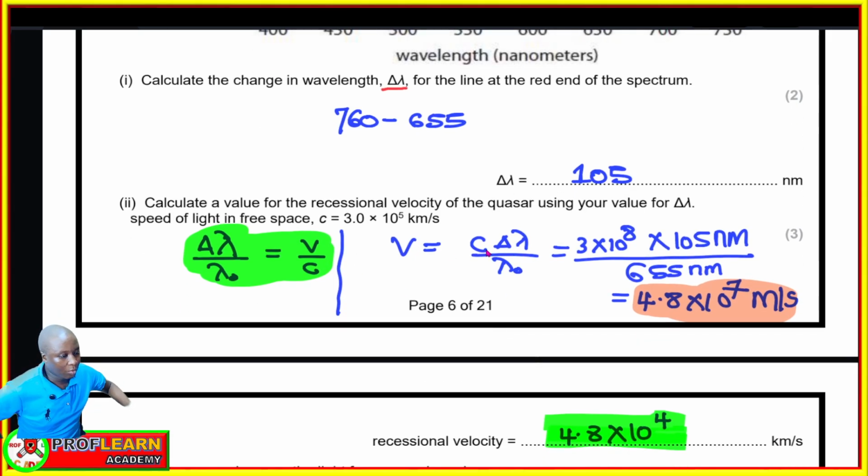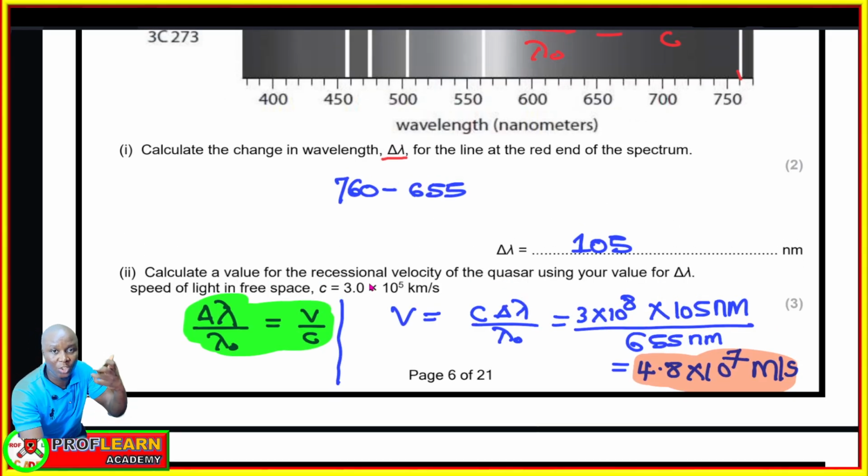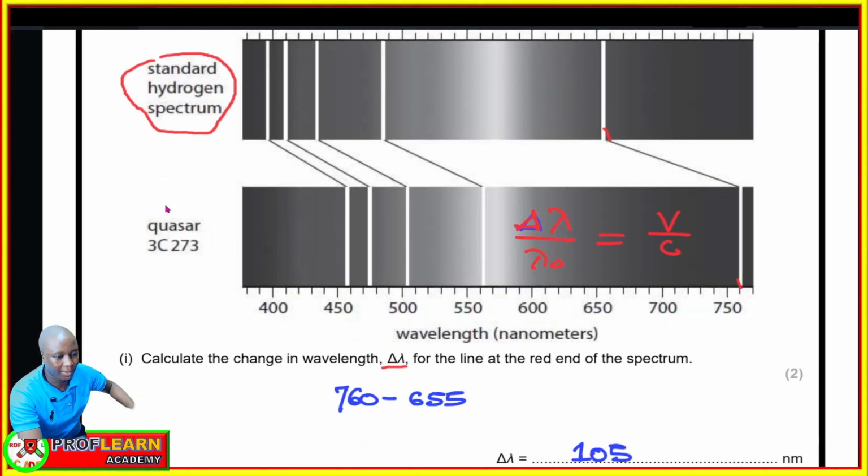If you substitute and rearrange this formula, we have the speed of light times the change in wavelength equals the original wavelength, and the original wavelength is the initial wavelength of light in the lab. That is going to be 655, because the standard hydrogen spectrum is this, and that is the lambda naught that we are going to use in this particular case.